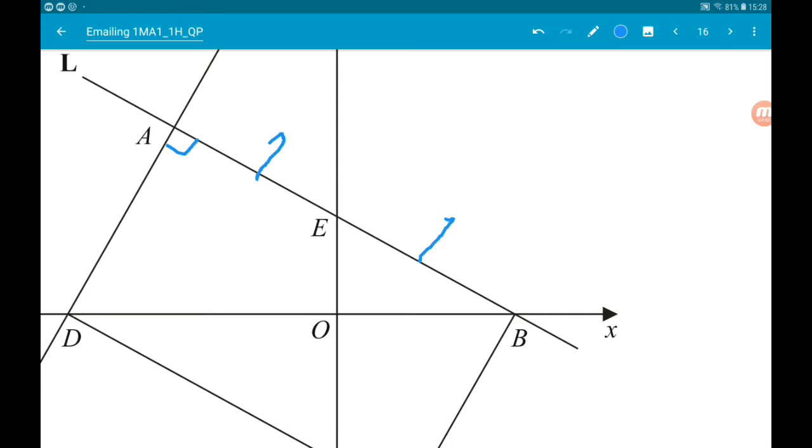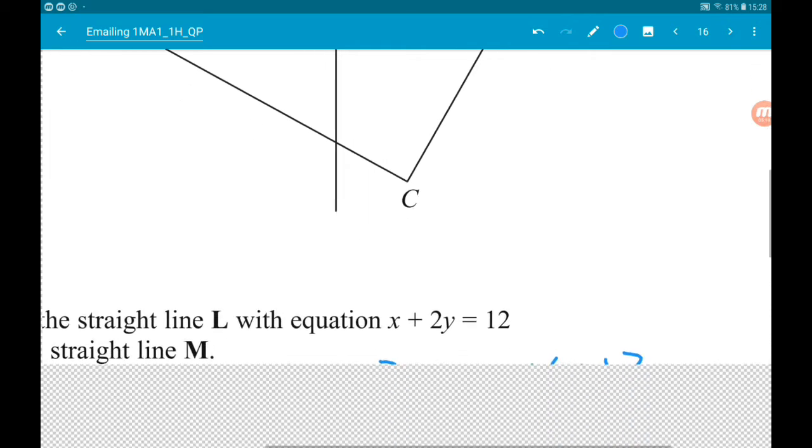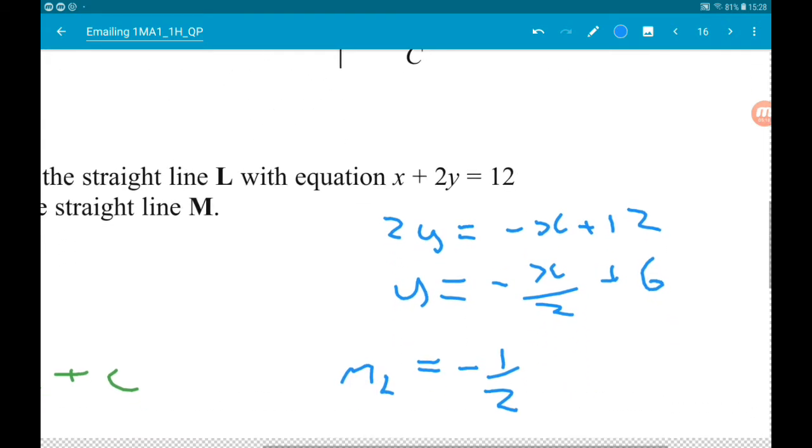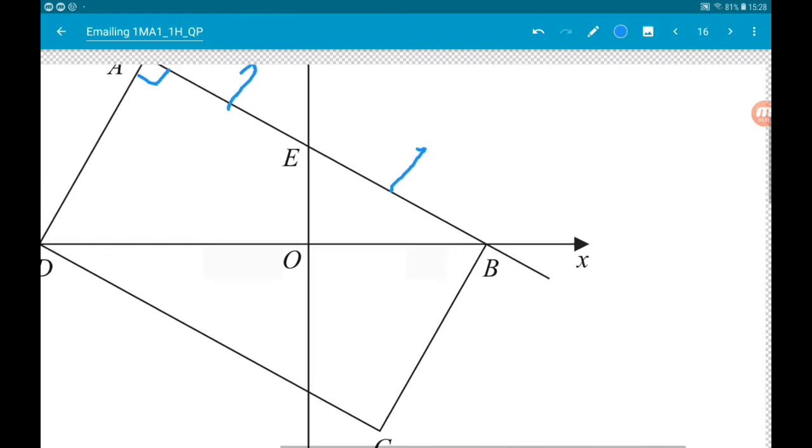That means that E is the midpoint of A, B. So, if we find the coordinates of B and E, we can find the coordinates of A. So remember the equation of L is y is minus x over 2 add 6.